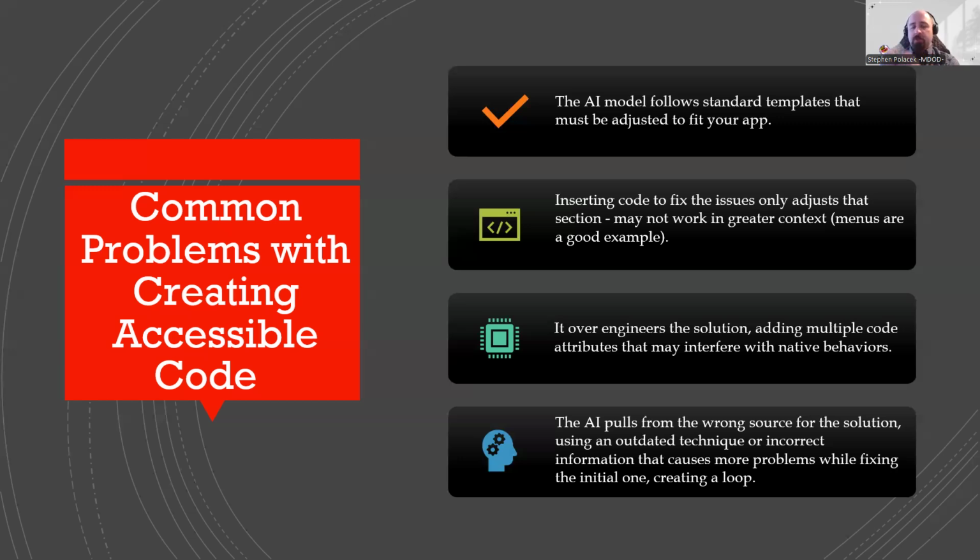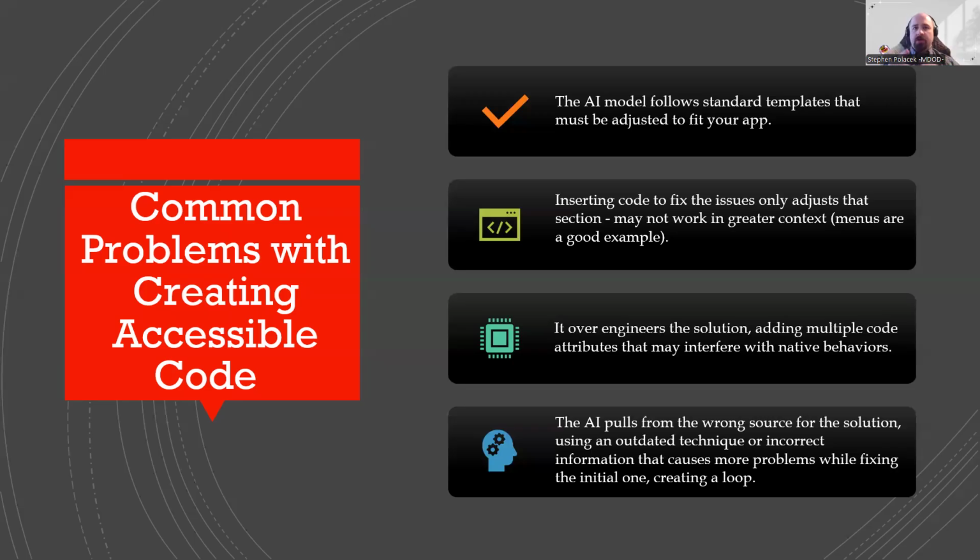Or if you tell it change this part, it doesn't change the rest to fit that, which leads us into the second problem. We're addressing code issues, telling it fix this spot or add this to this section. And it does that, but it doesn't change it in the greater whole. And this is important for accessibility because so much of our work is subjective context or how things work in a larger system. Menus are a great example because you can tell it, build me a navigation menu.